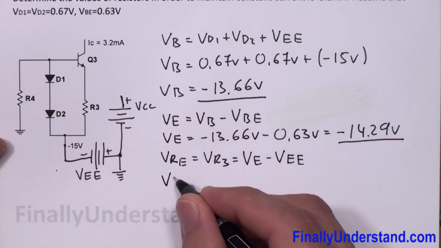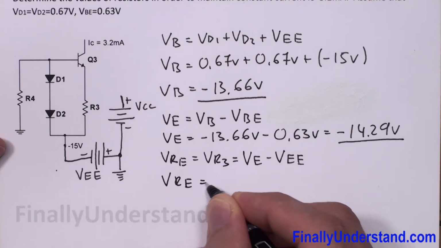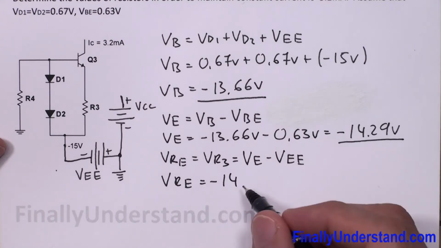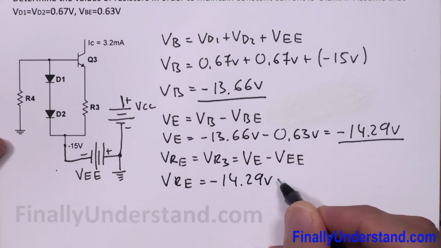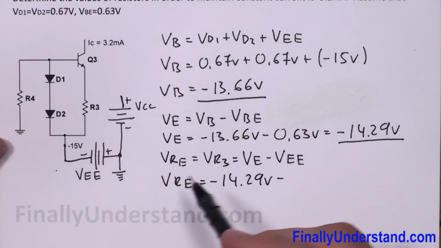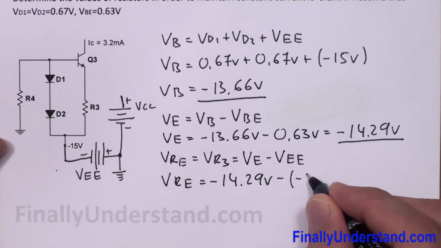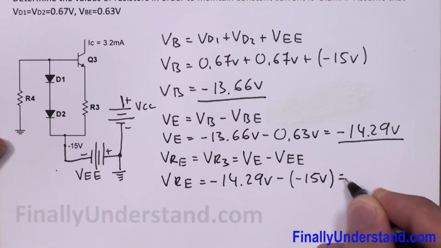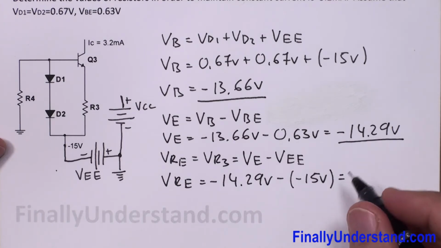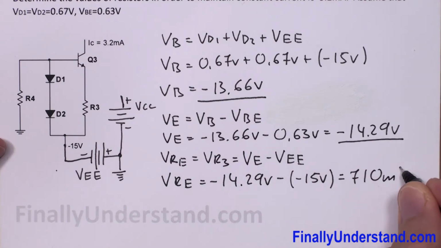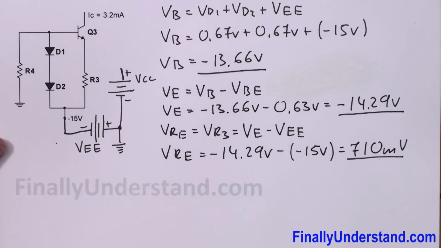So I have VRE equals VR3: negative 14.29 volts minus VEE, and VEE is negative 15 volts. This is equal to 710 millivolts. Okay, so this is the voltage across resistor R3.